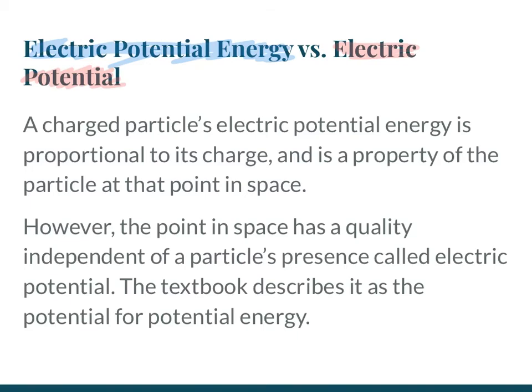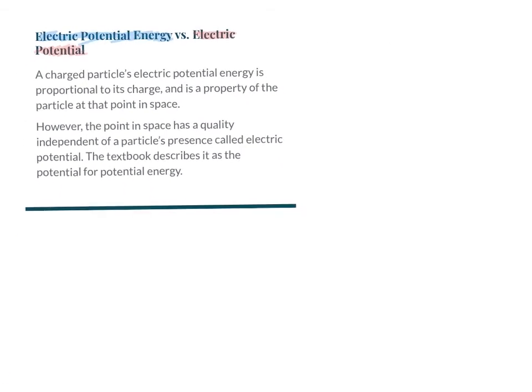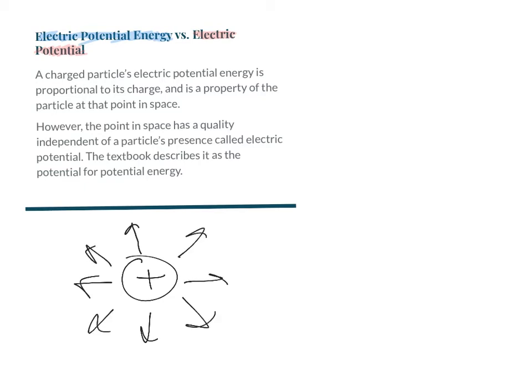I'm going to make this slide smaller so I can write. So, for example, if we have a positive point charge that's generating an electric field that points away from it, because that's convention for positive charges, and we've got a small particle Q right here. Now, the potential energy of that particle is based on the force required to get it there.